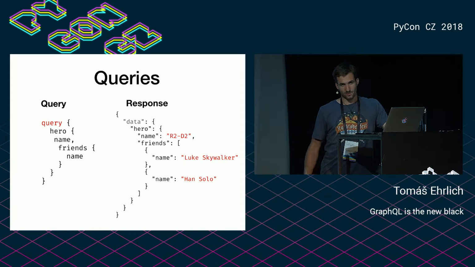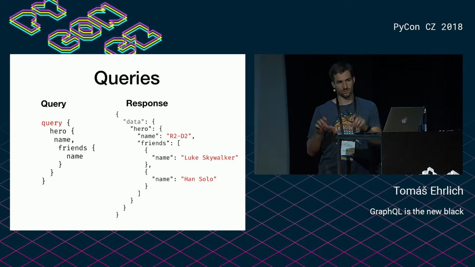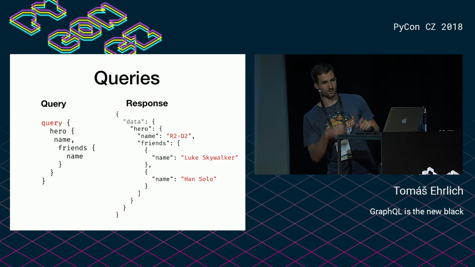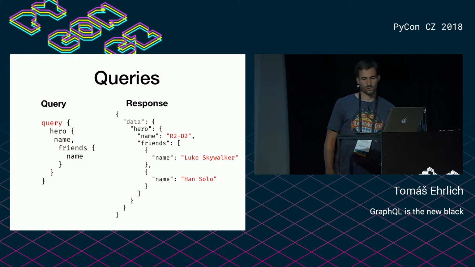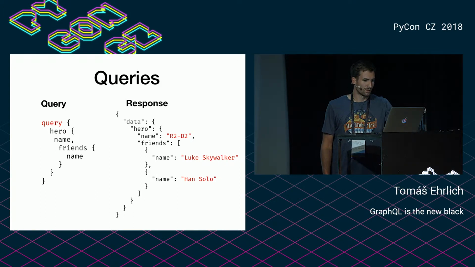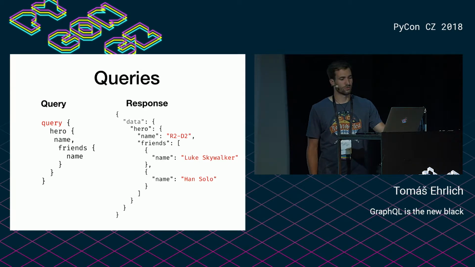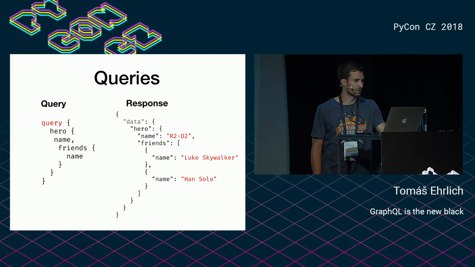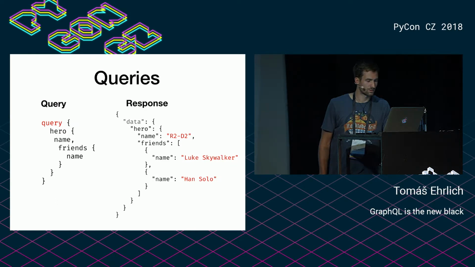The schema is a graph connected by relations, and we are querying some subgraph of the data we actually need. What's important in this example is that the syntax for querying an object, in this example a hero, and an array of objects, in this example friends, is the same.